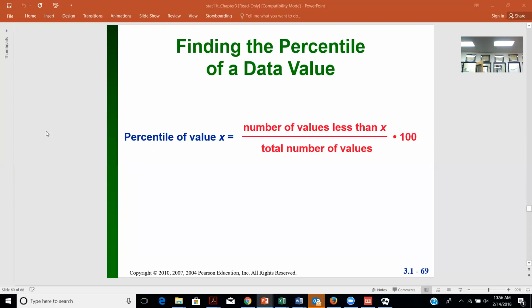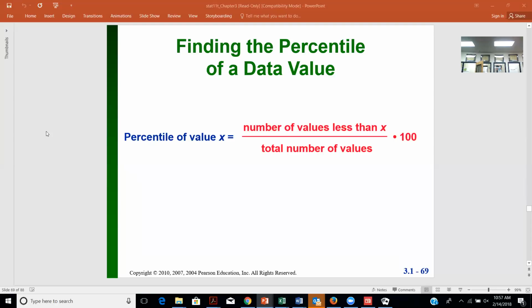And use the standard rounding rules. Pick your rounding point and then look at the next decimal place. If it's 5 or more, increase the previous by 1. If it's less than 5, simply drop the rest of it. So depending on the data set, you're going to have lots of decimal points. Okay? So don't worry about it.